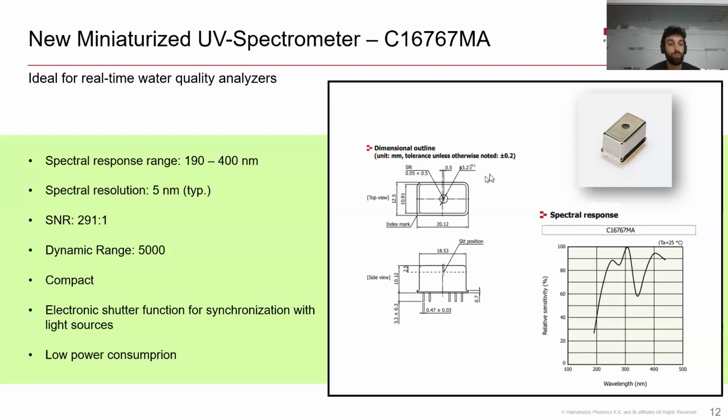And then we already talked about the small size of the device, but then we decided also to include an electronic shutter function into the system, and this is for synchronization with light sources, which when you use flashed light sources can also help in increasing the signal-to-noise ratio, especially when you use lock-in amplification.